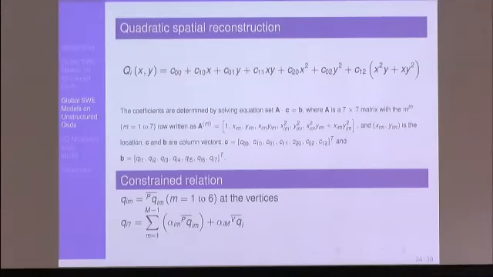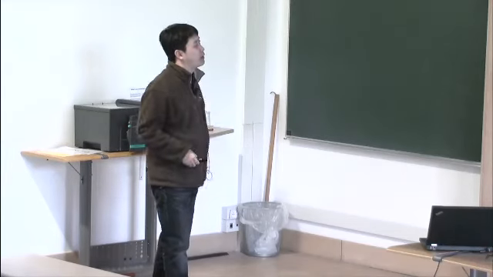In this simple case, the DOFs located at the vertices are equal to the PV moments, and the DOF at the center of the element is related to the constraint by this relation, and the coefficients can be obtained by integrating this spatial reconstruction over the hexagonal element.